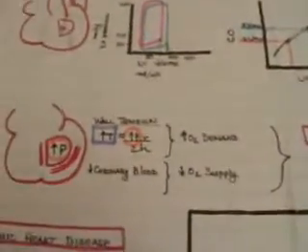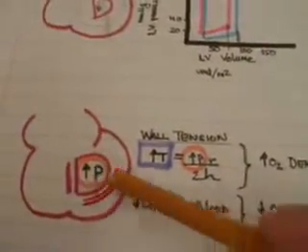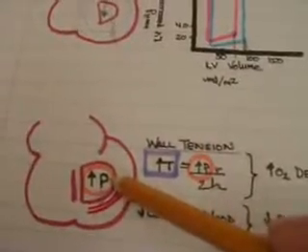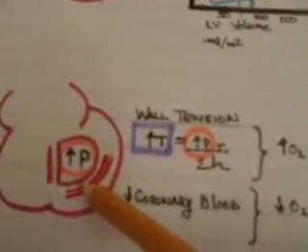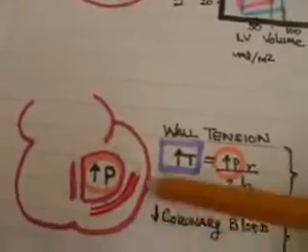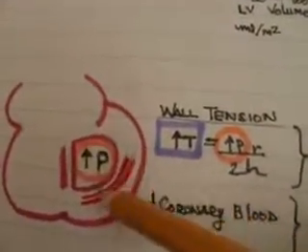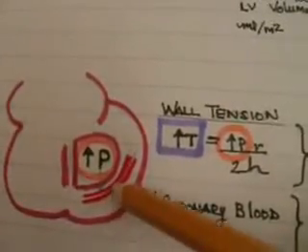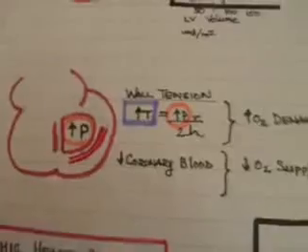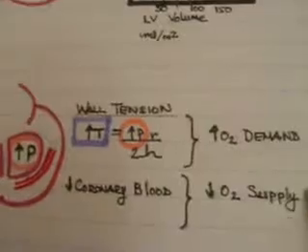And we'll see what else happens: as you increase that left ventricular end diastolic pressure in the left ventricle, this starts to compress the subendocardial vessels. And as we know, the left side of the heart perfuses itself through the coronary circulation during diastole. So by increasing that left ventricular end diastolic pressure and compressing these subendocardial vessels, that's going to decrease your coronary blood flow and therefore decrease your O2 supply.